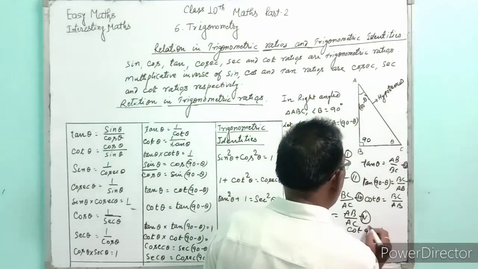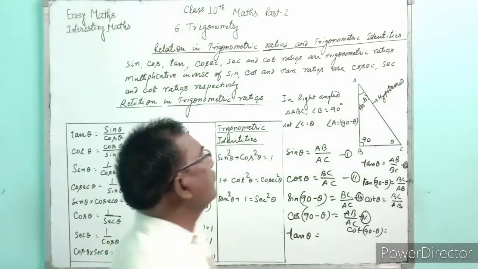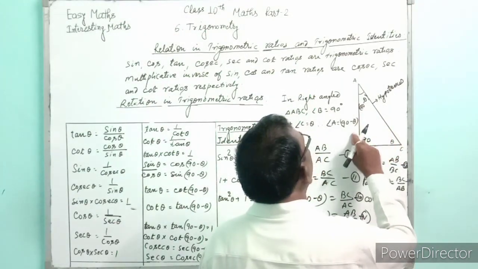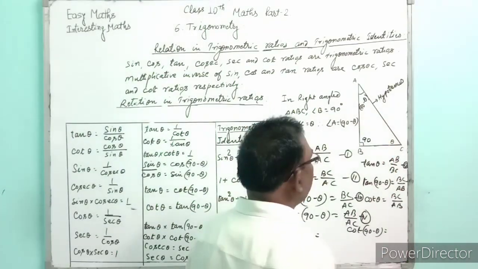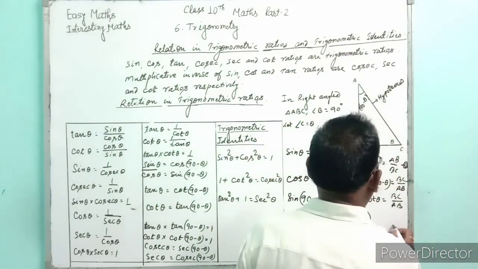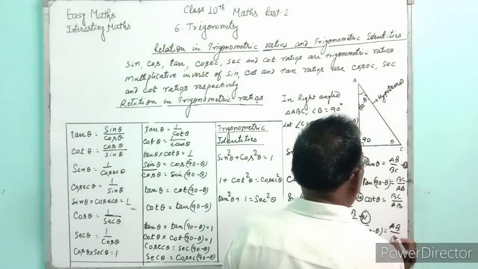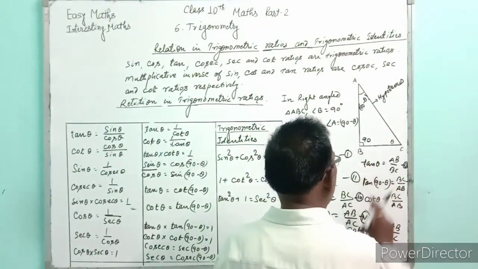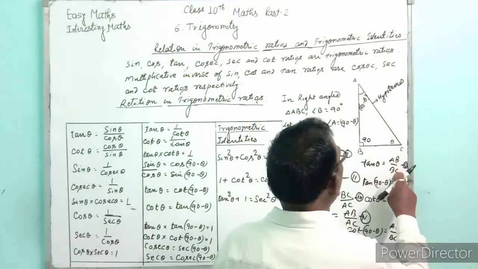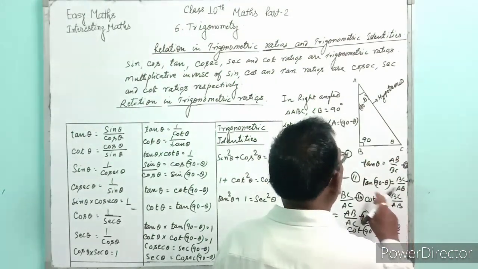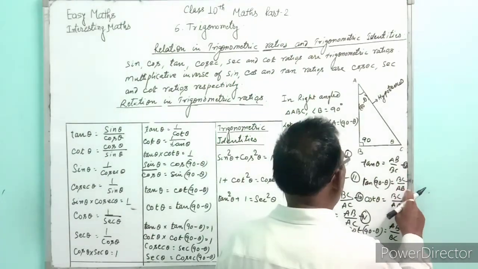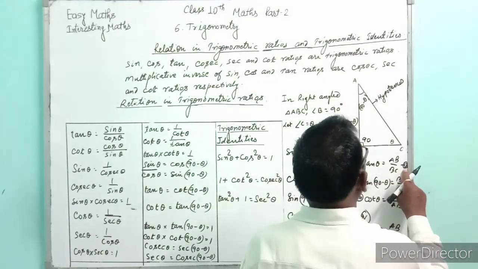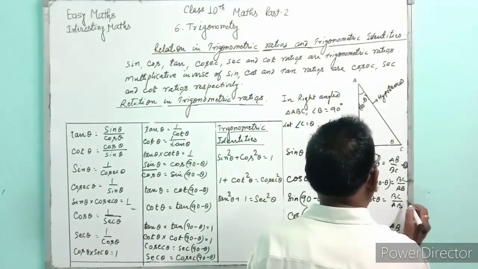Cot 90 minus theta is equal to the adjacent side of angle 90 minus theta, that is AB, by the side opposite to 90 minus theta, BC. So you see, tan theta is equal to AB by BC, cot theta is equal to BC by AB, tan 90 minus theta is equal to BC by AB, and cot 90 minus theta is equal to AB by BC. So here are equations 5, 6, 7 and 8.